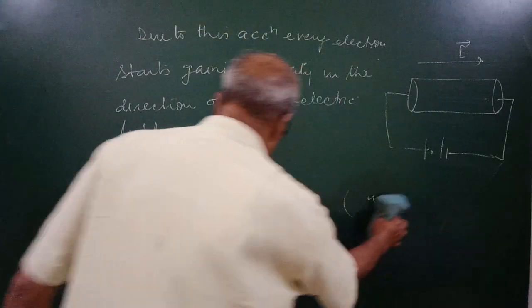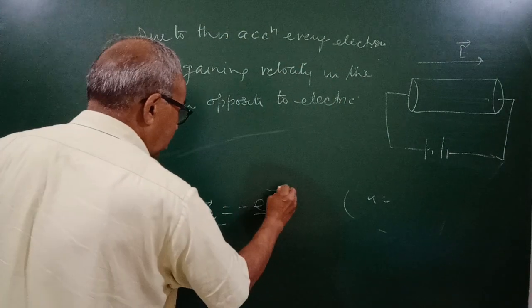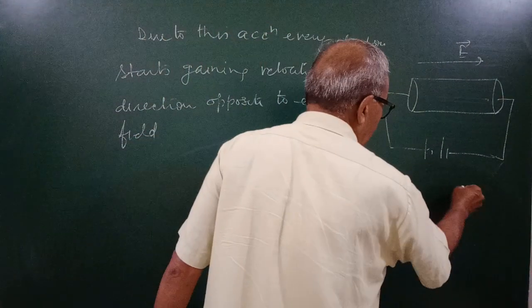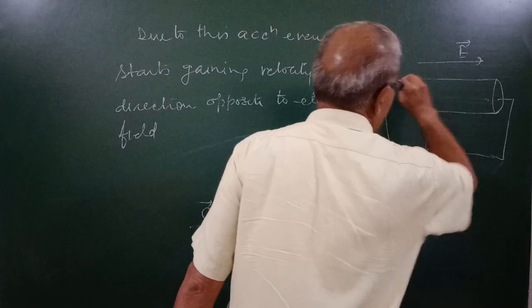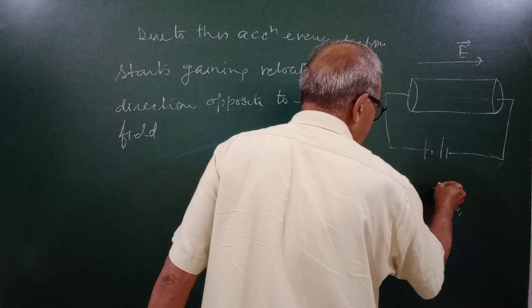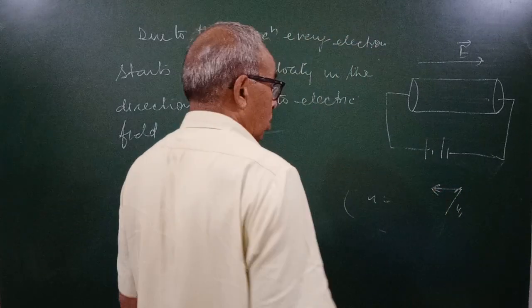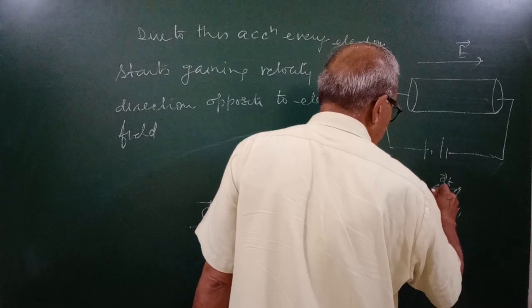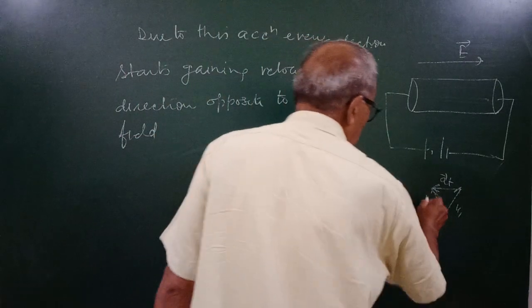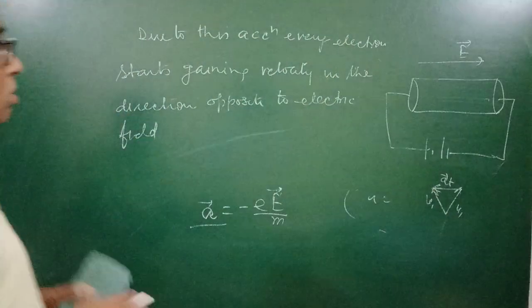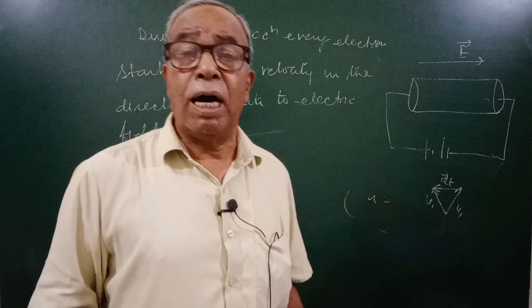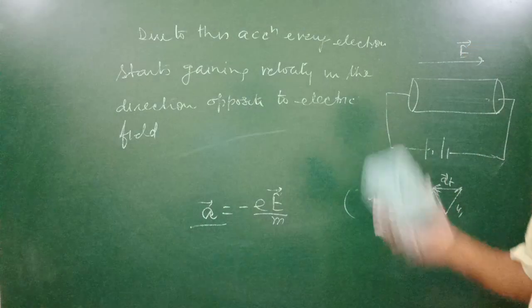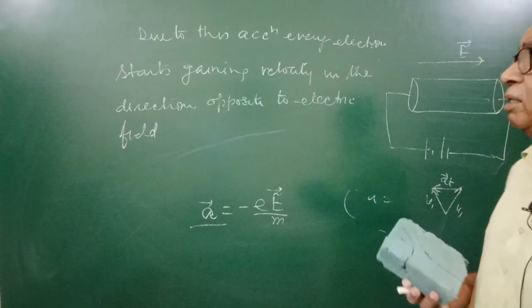You must understand here, this acceleration a is in the opposite direction of the electric field. Now at any instant, suppose u1 is this, the electric field is this way, so the electron will start gaining velocity in this direction. So in time t, this will be the velocity gained, v1, because the electrons are initially in random motion and the acceleration produced by the force due to the electric field is opposite to the electric field.